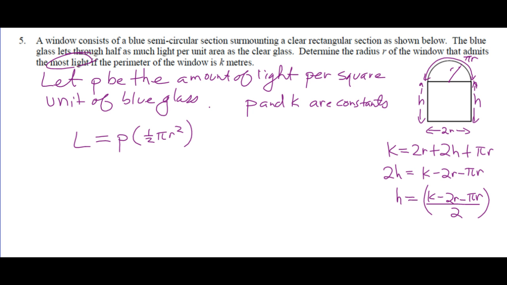Nice generalized questions are really nice. So we've got the light coming in through the blue semicircle. Now we've got twice as much light, so 2p coming in. Now what's the area here? It's going to be 2rh.